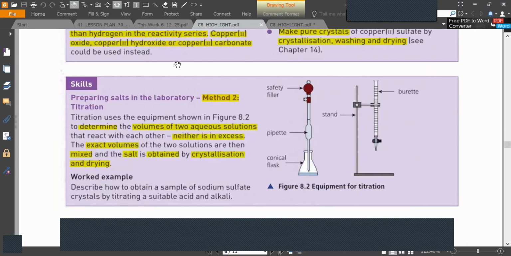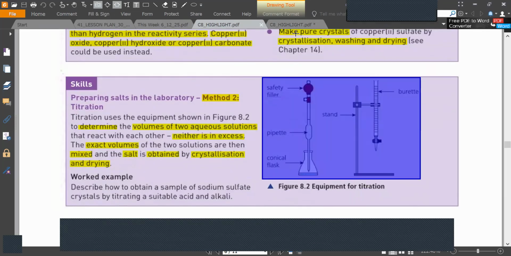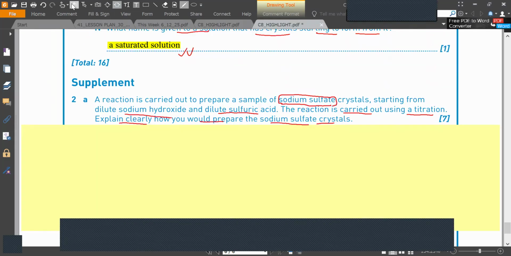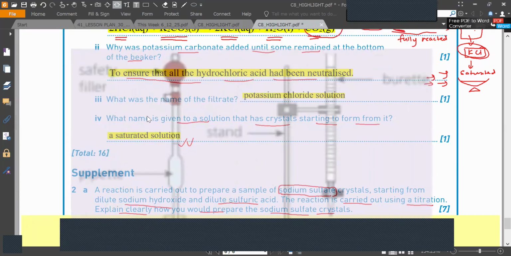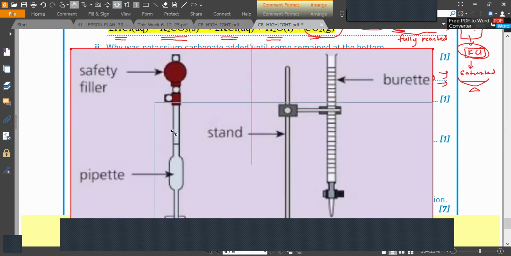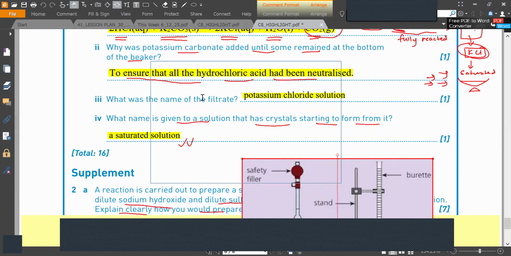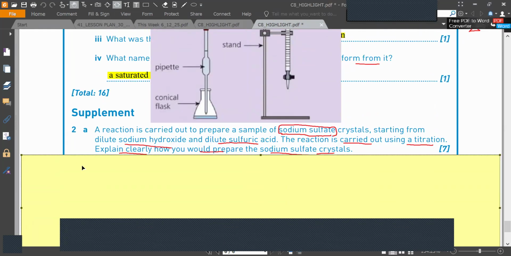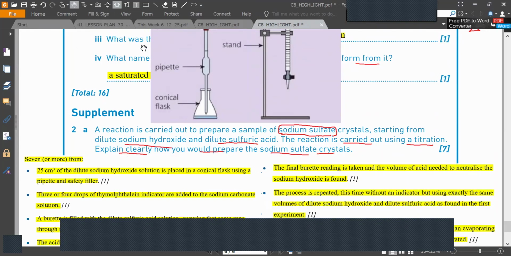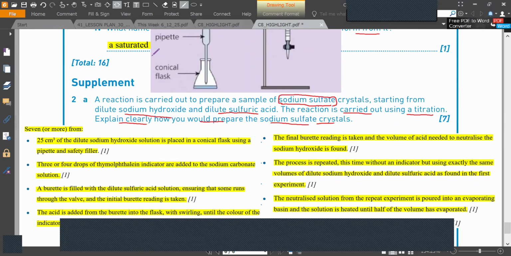So this is a titration setup, and this is the setup that we will use. So how should we do it? There are a lot of steps, so we'll see them one by one.